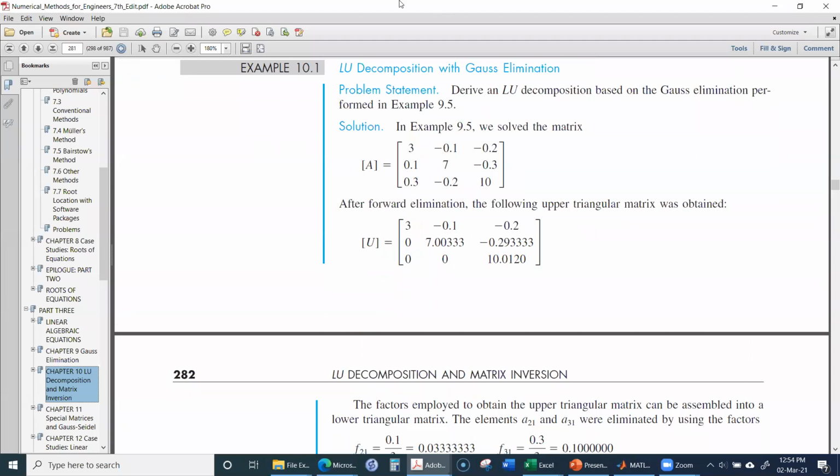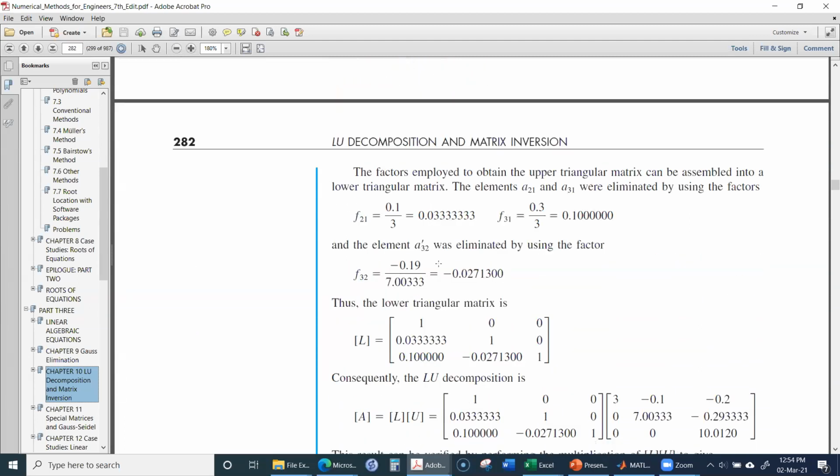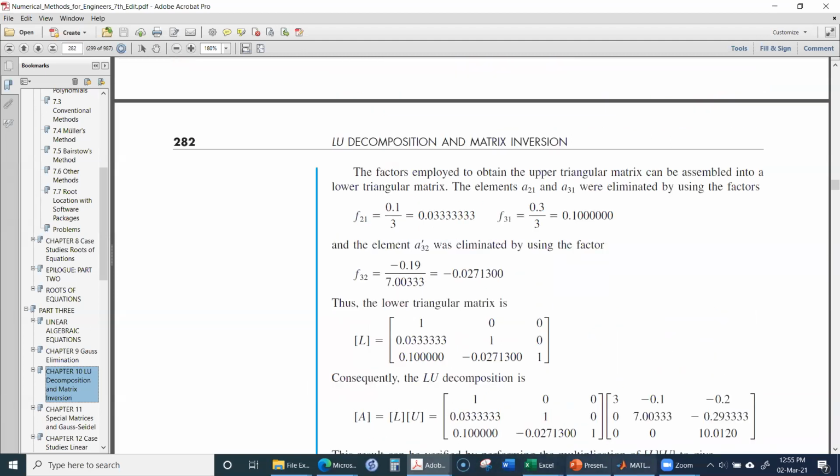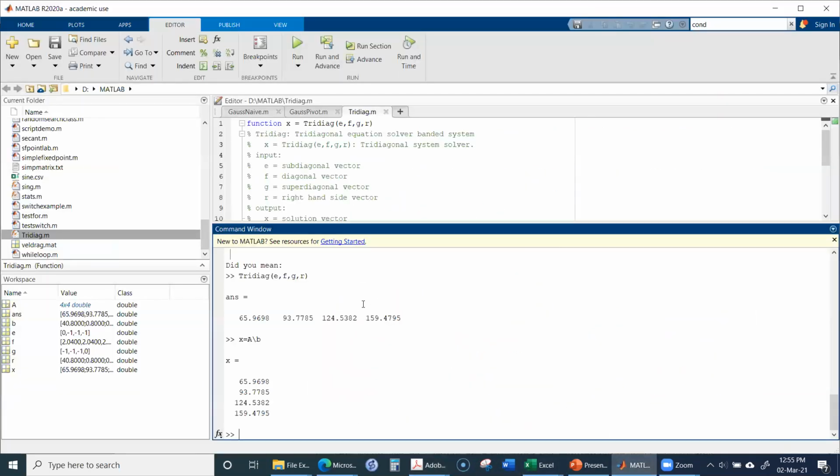If we take this same example and we want to do it as LU, how can we get it? Let's see what our matrix A is. Matrix A has changed, so let me change back to this matrix.